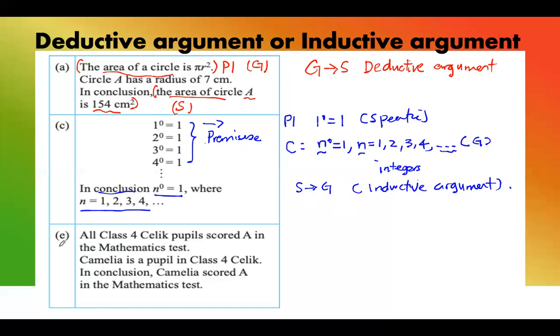Then we go to E here. When you see this word "all", it means it is general.